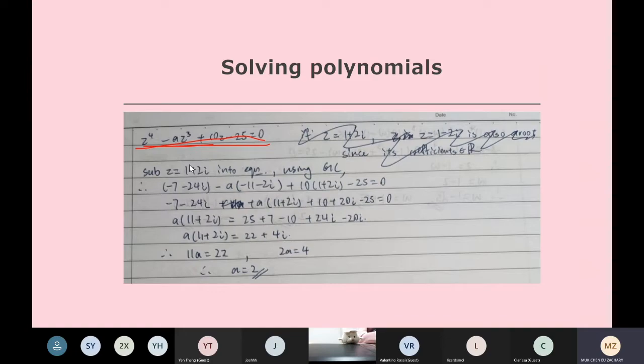Then you just slowly reduce it all the way down to this. Like we said just now, when you sub in your 1 plus 2i, this will give you 1 plus 2i to the power of 4. What you're gonna do is jam it into your GC and then get this. Then you see z cube also, you're gonna do the same thing. You're lucky that this one didn't give you z square, otherwise you have to do that 3 times.